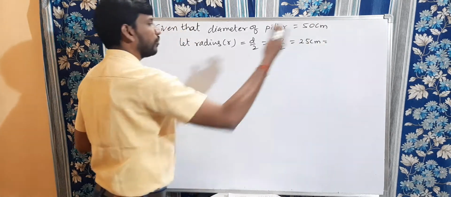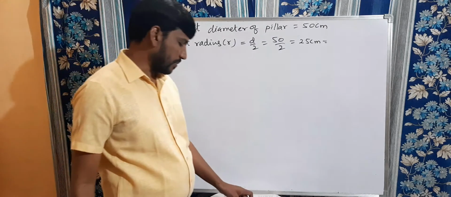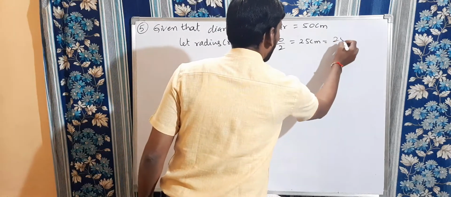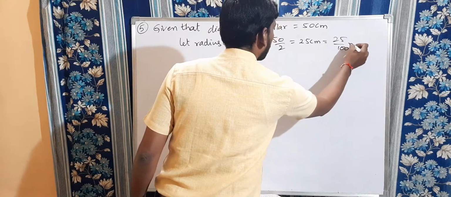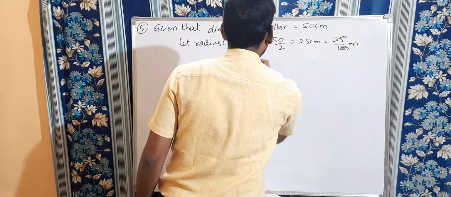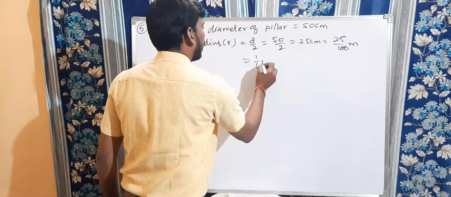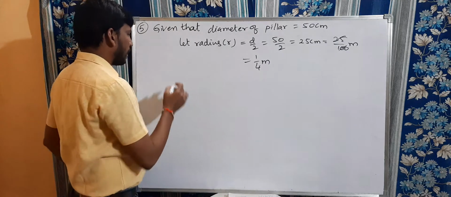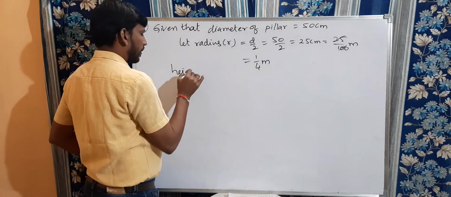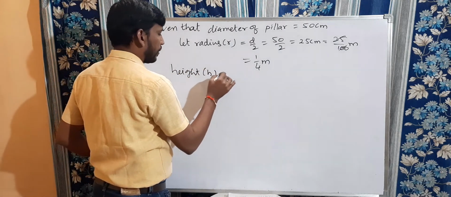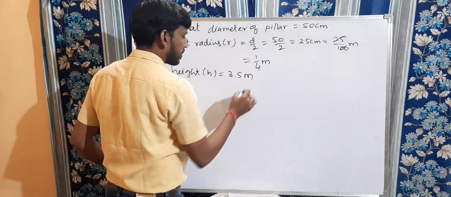When we convert into meters, because height is given in terms of meters, that is 25 by 100 meters. By cancellation, you will get r equal to 1 by 4 meters. Now also they gave height h equal to 3.5 meters.